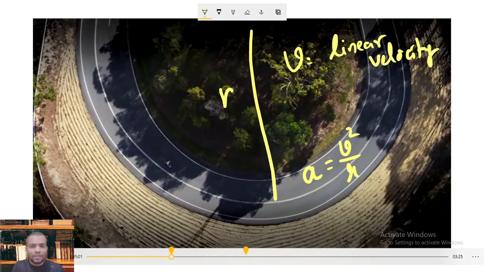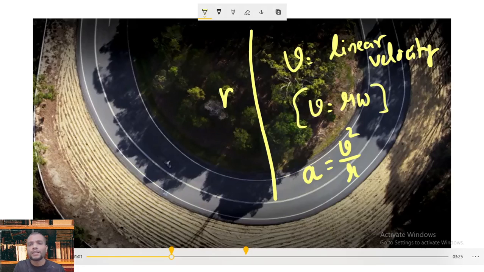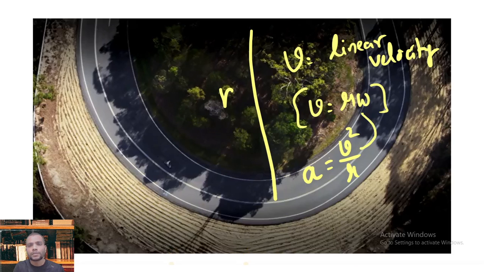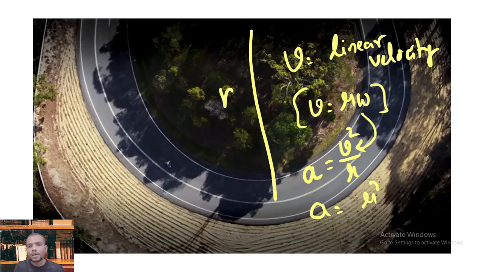But we need to convert that linear velocity to angular velocity, and we know the relation v equal to r omega. So this is the relation between linear velocity and angular velocity. If you substitute that, the acceleration a equal to r square omega square upon r.